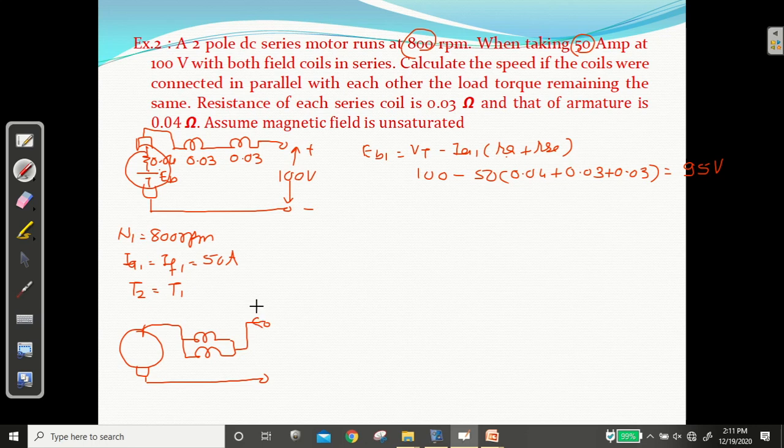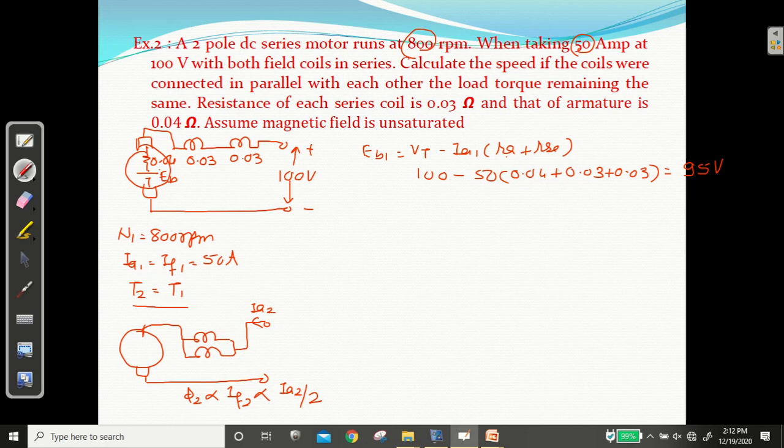So this is IA2. Clear? So what is the IF2? Phi 2 proportional to IF2 proportional to what? IA2 by 2. When these two coils are connected in parallel, phi 2 will be proportional to IA2 by 2. Be careful about it. So torque is given same.